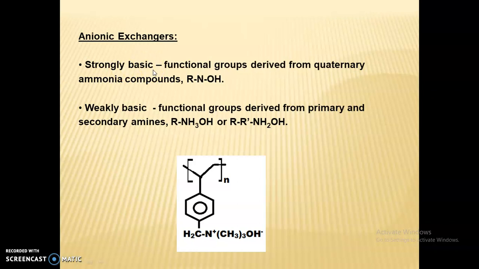Strongly basic anionic exchangers consist of strongly basic functional groups such as quaternary ammonium compounds, such as RNOH, etc. If weakly basic in nature, they may be derivatives of primary or secondary amines. You can see one example for that.